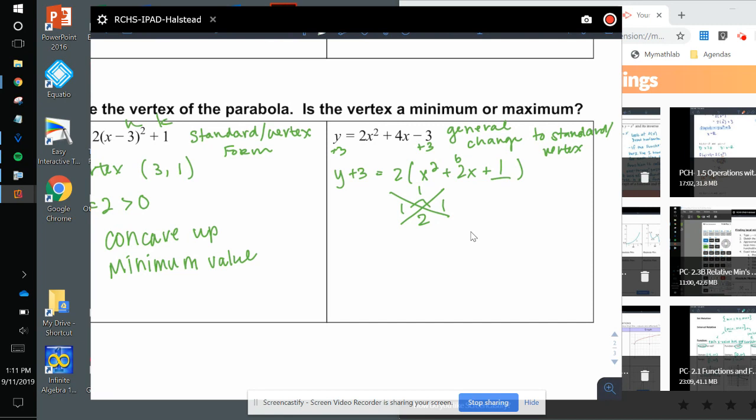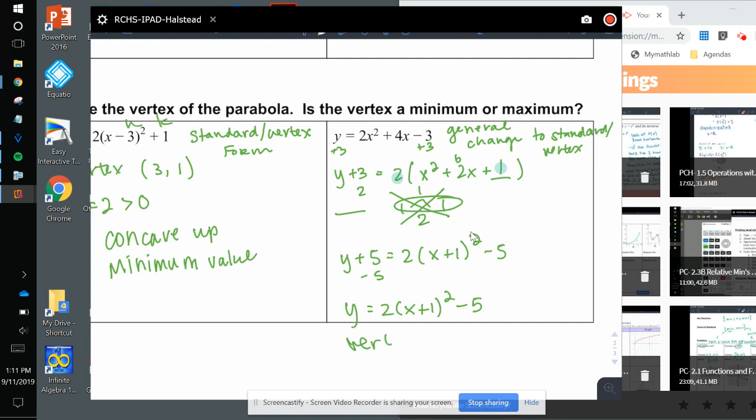What do I add to the other side? I do 1 times 2, giving me 2. So I get y plus 5 is equal to 2 times (x plus 1) squared. I get those from my big X. And then subtract the 5 to the other side. So y is equal to 2 times (x plus 1) squared minus 5.